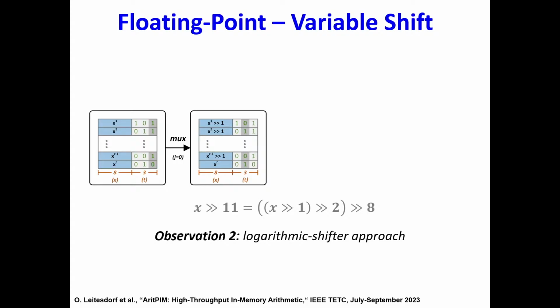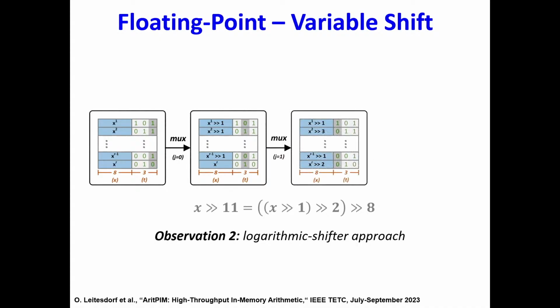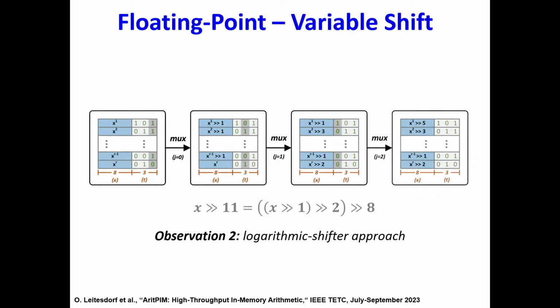So if this is the shift amounts of all elements, then first we need to shift by 1, then we need to shift by 2, then shift by 4. This way we will do it. So it's a sequential operation of logical shifts that can be performed by muxes.